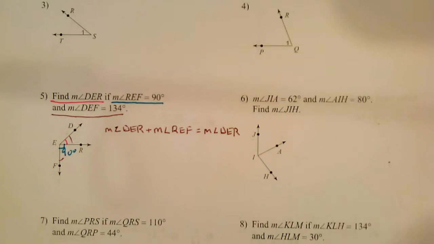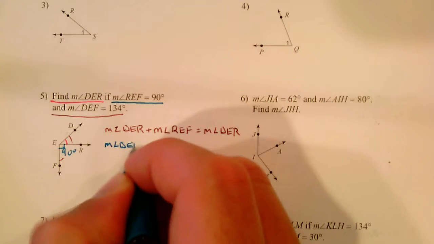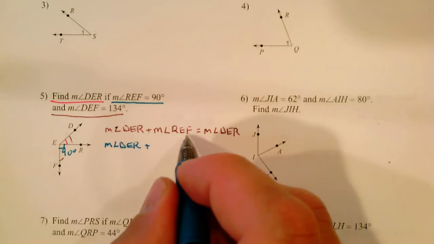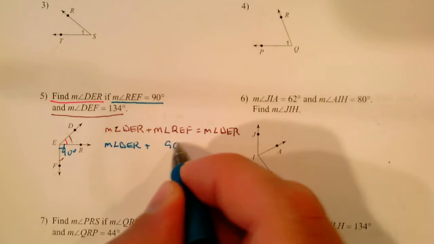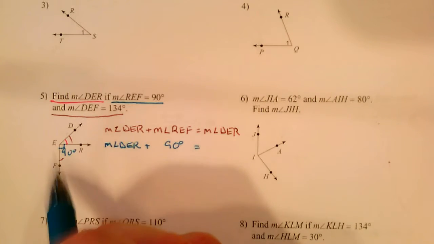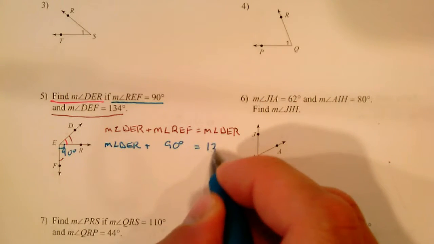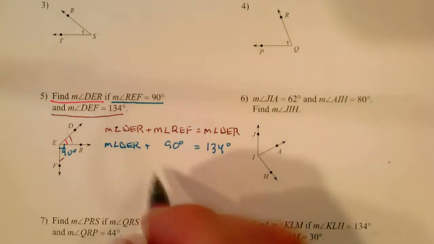DER, well, that's the one we don't know. So, measure of angle DER. Measure of angle REF, we know that. REF is 90 degrees. And measure of angle DEF, we know that is 134 degrees. So then we just have to solve this little equation here.